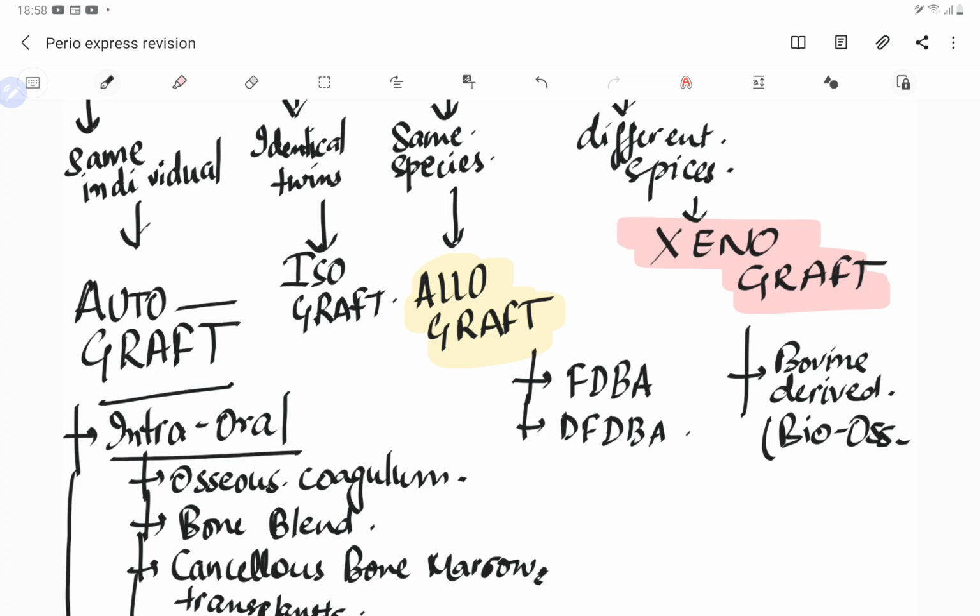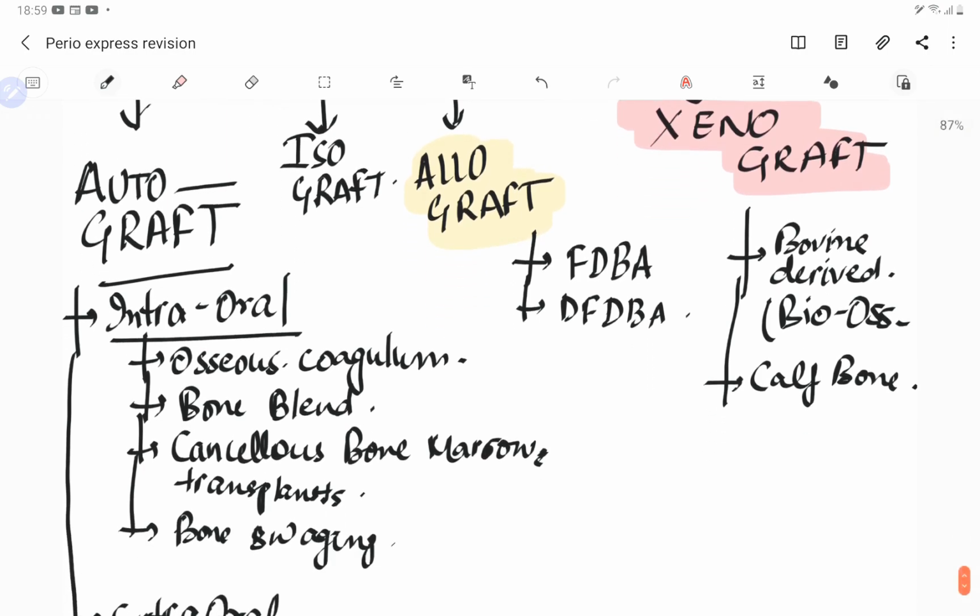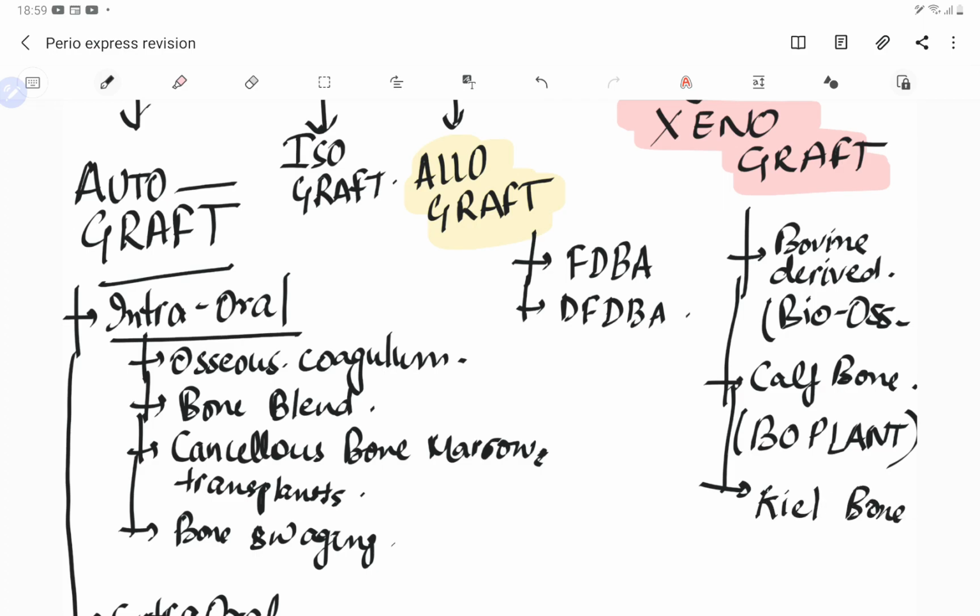Then guys, if you are taking from a calf bone, it is hard to find a calf bone again. This is the Bio-Oss plant. Then if you are using a calf bone or ox bone, or if you are denaturing it with 20% hydrogen peroxide, then it is known as the Kiel bone, right?